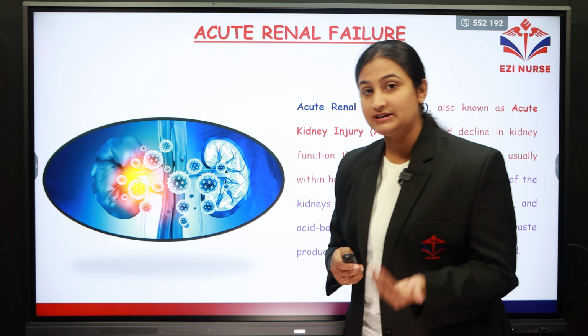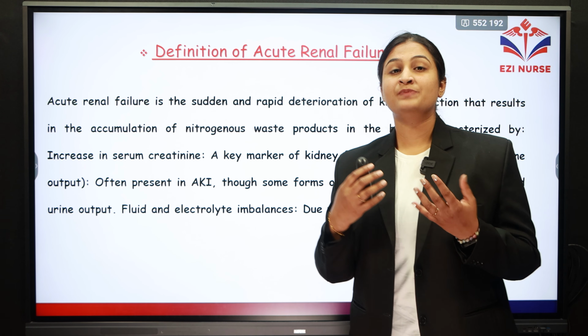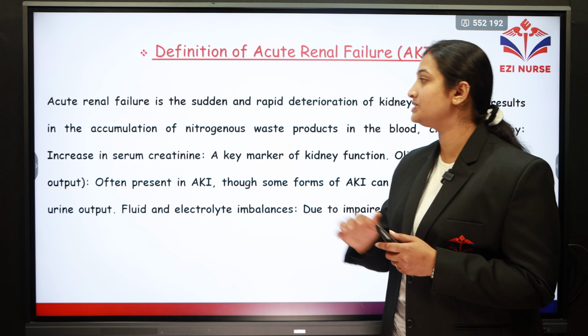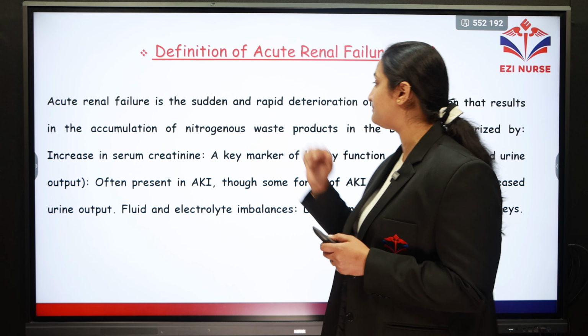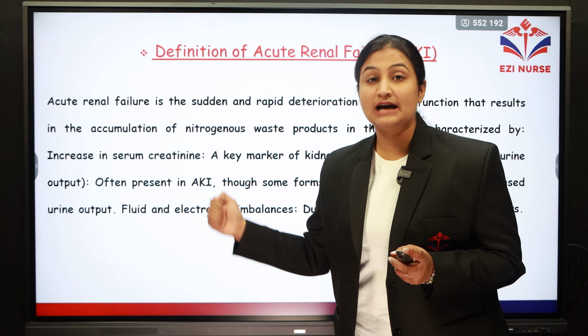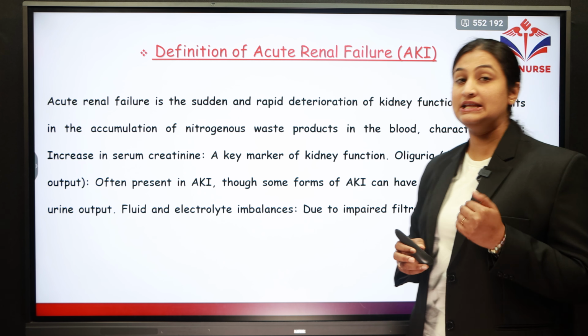Coming next to the definition of acute renal failure. You can write a small introduction first, then the definition: it is a sudden and rapid deterioration of kidney function that results in the accumulation of nitrogenous waste products in the blood.